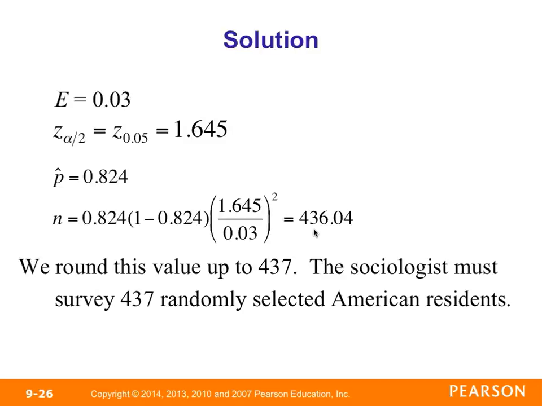So we have to round it up to the nearest whole person, since you can't have 0.04 of a person. So this 436.04 is actually going to round to 437. That means that if the sociologist would like to determine the proportion of Americans who just speak English at home, she has to survey at least 437 randomly selected Americans.